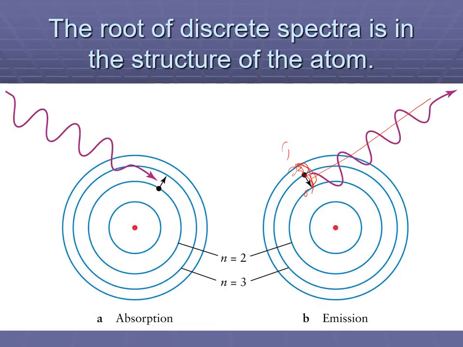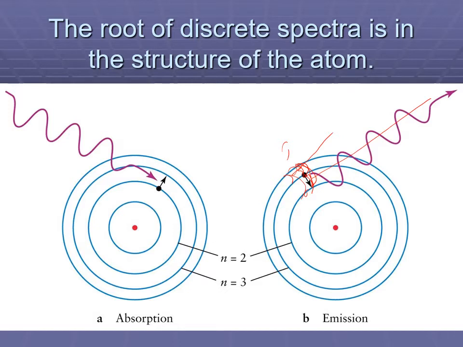If it jumps from one level to another level, it gives off a certain wavelength of light, goes to another level, a different wavelength of light. Well, the wavelength of light is related to the color of the light, and the bigger the jump, the shorter the wavelength, because shorter wavelength means higher energy.